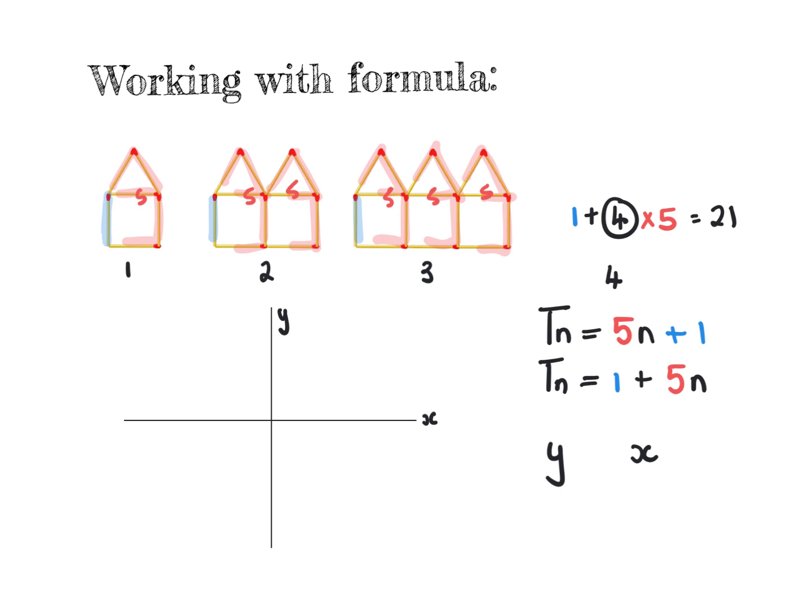We write it as y equals mx plus c. Can you see how this looks the same? C is also our constant value, and m refers to the growth or the gradient. So our growth for our pattern was 5 here, and this m also refers to the growth on the graph.